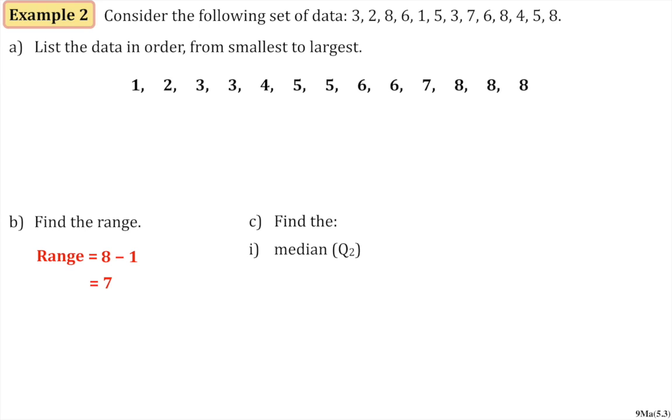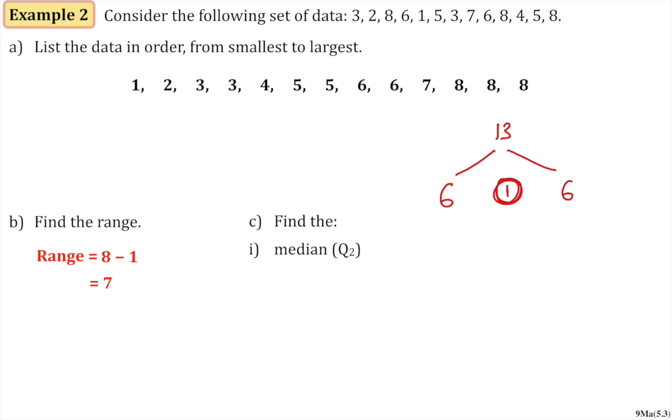Now we said there are 13 numbers. If there are 13 numbers, the way it could work is like this. I can split that into two groups of 6 numbers, and I'll have one little lonely number in the middle.